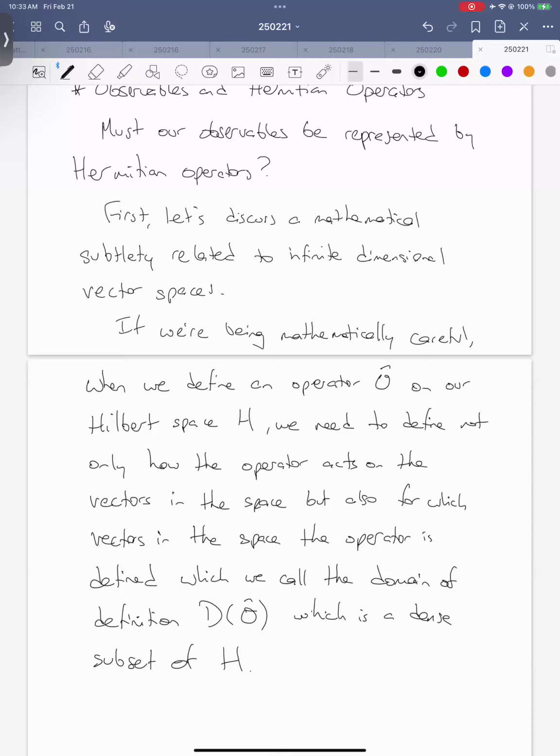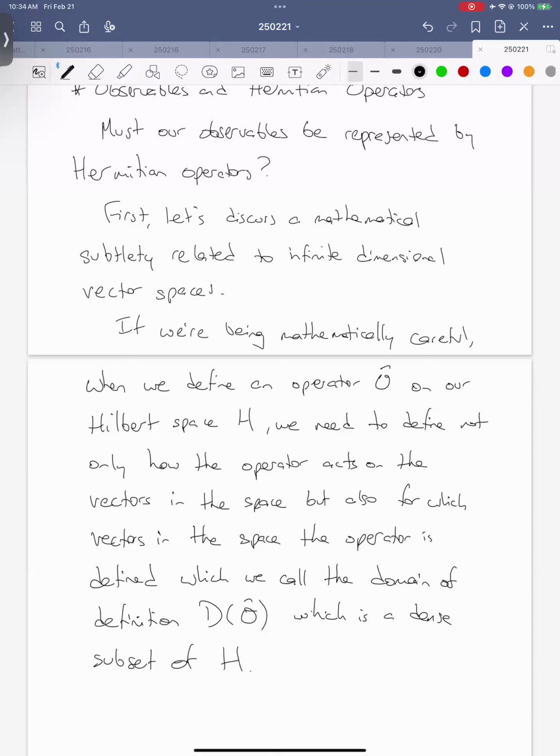And so you can imagine defining operators that mess up the way these functions fall off at infinity, an operator that takes you away from that nice behavior at infinity. And so there would be some functions for which the operator acting on that function gives you a function that's no longer in your vector space. And so that original function is not in the domain of definition of the operator itself.